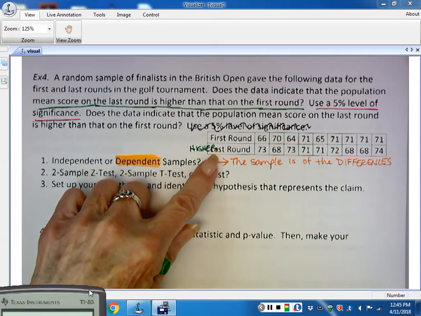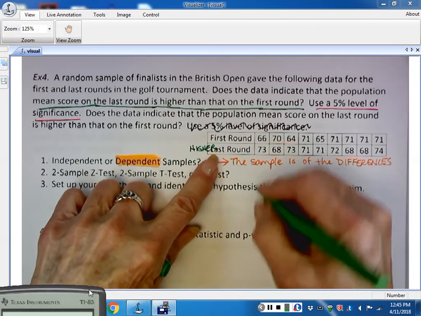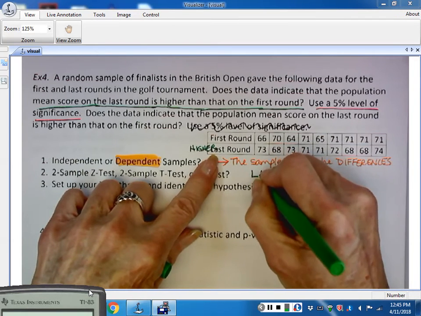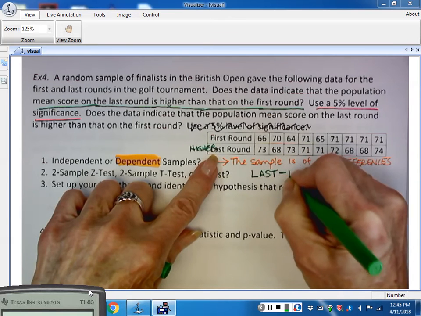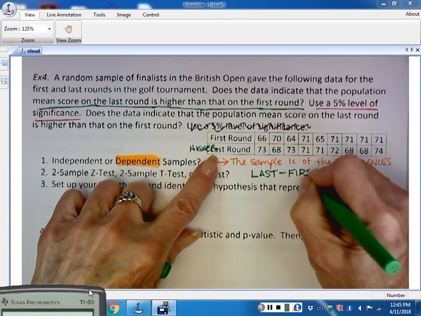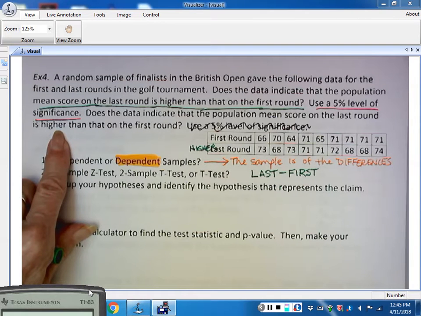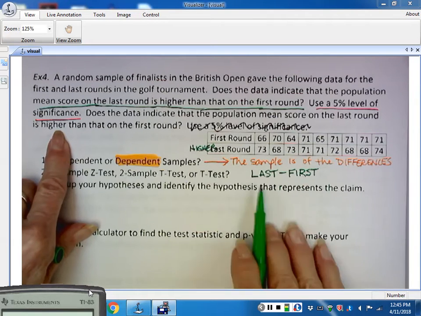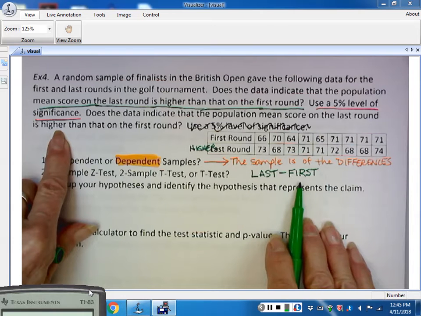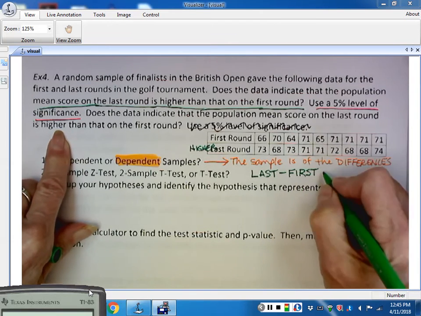The last round occurs last, and their score on the last round is the higher one. What kind of differences are we going to find? If this is the higher score and this is the lower one, are the differences positive or negative? Positive. Those differences are going to be positive.